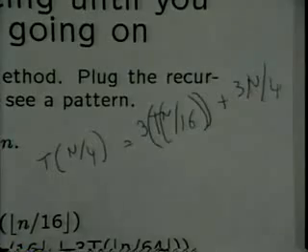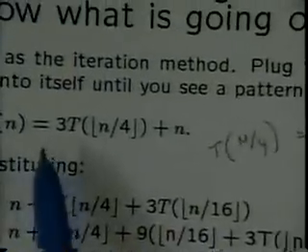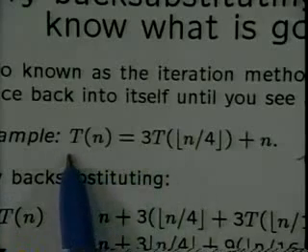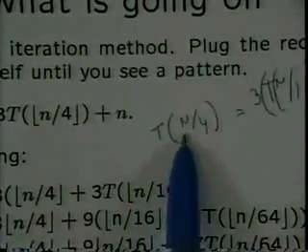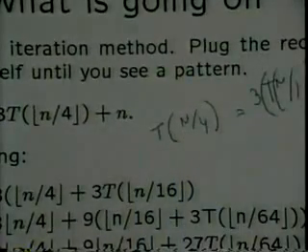What's the point here? In order to figure out what T sub n is equal to, I know by definition T sub n is equal to 3 times T of n over 4 plus n. That's all I have to go on, and I'm trying to solve this. So what does T of n over 4 have to be?